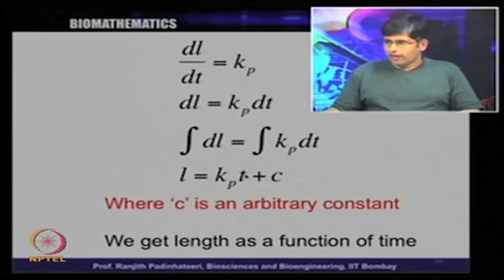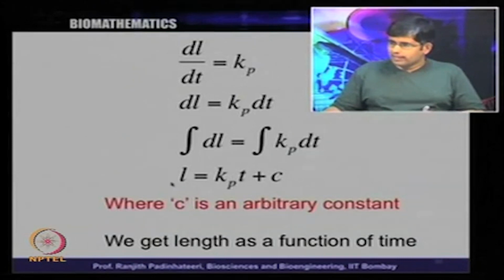So, what does it mean? For any given value of t, there is a value of L. If you change the t a bit, you will change the L. This is the solution of the differential equation that we discussed. If t is 1 second, it will give you the length. If t is 2 seconds, it will give you the length.